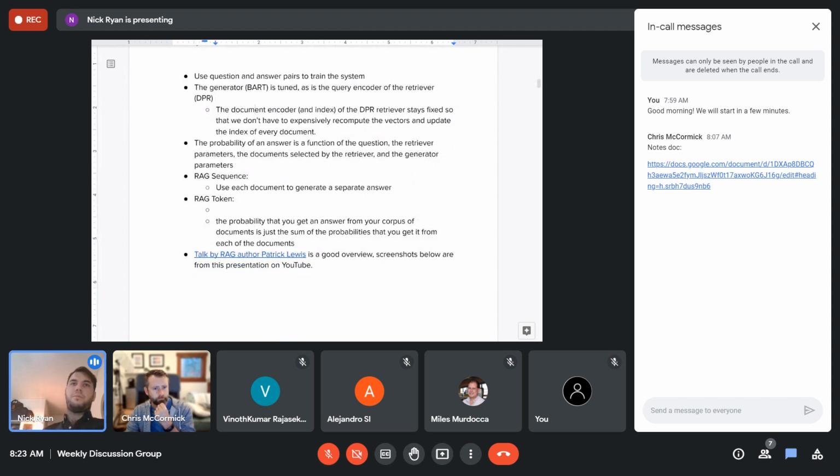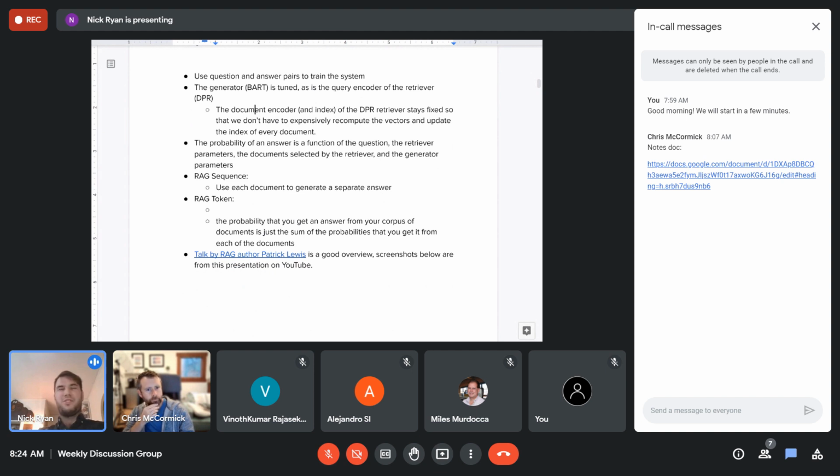We'll get to this a little later, but the decision they made by design is that the document encoder doesn't get updated in backprop, because when they're training this model end-to-end it would be really expensive to update the document encoder each time and then recompute the entire document index. When we run this example, it takes a good amount of time just to load the index of pre-computed Wikipedia vectors.